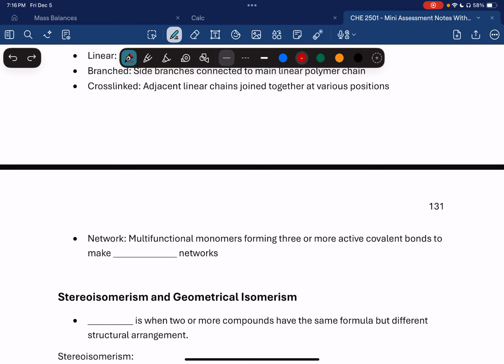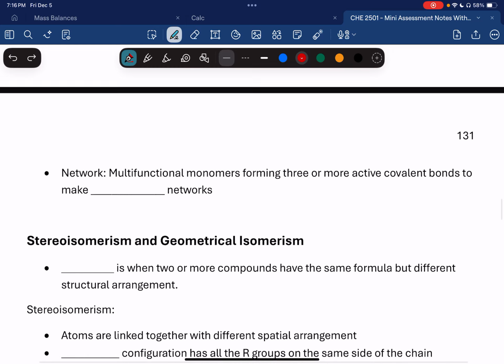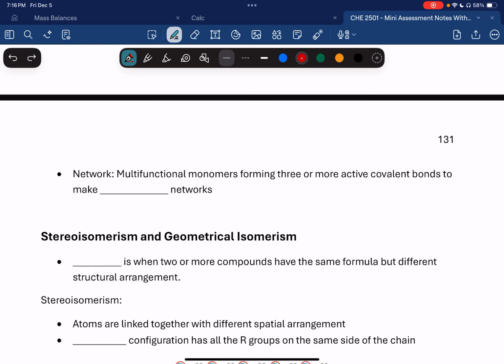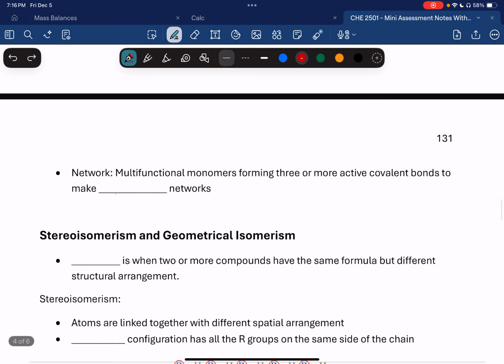And then network: multifunctional monomers forming three or more active covalent bonds to make, oh, what was this?